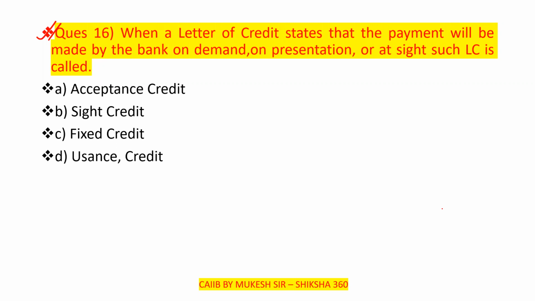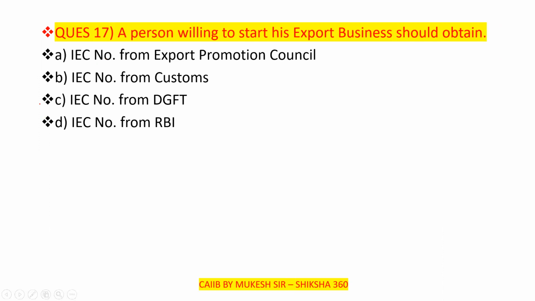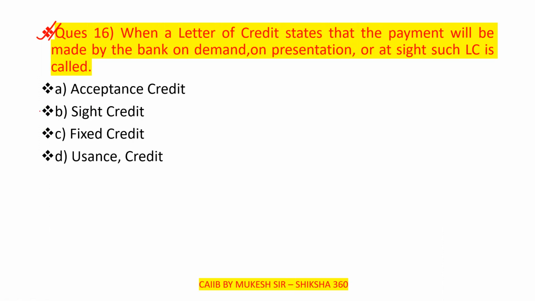That is known as a sight bill or sight credit. So option B is the correct answer. That comes under the sight credit. So please remember all these things. No need to get confused among them.